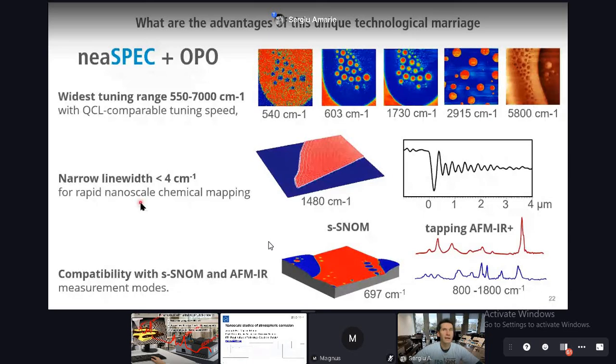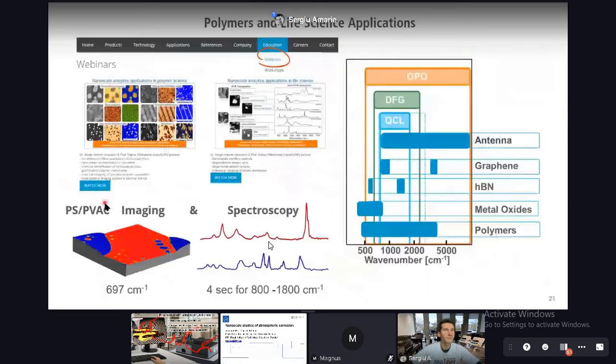Let's go back to that one. Here, this is 800 to 1800 wave number spectral coverage within only 4 seconds. So that's making it comparable to QCL tuning speeds.